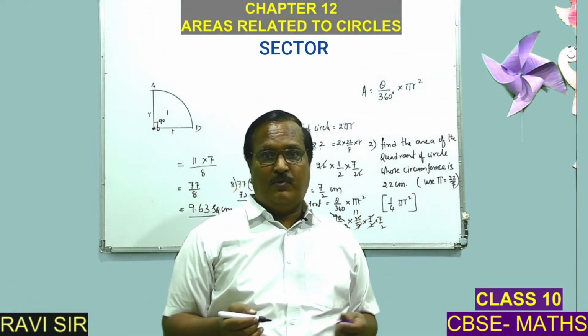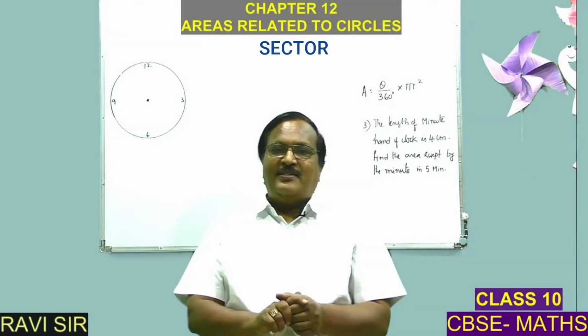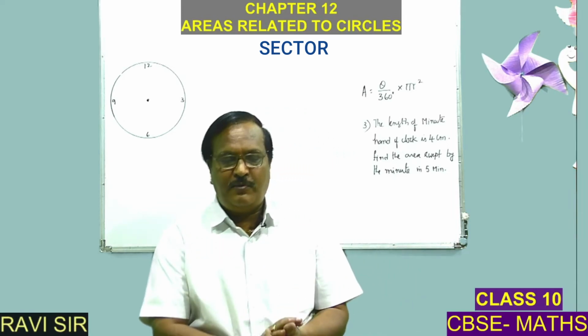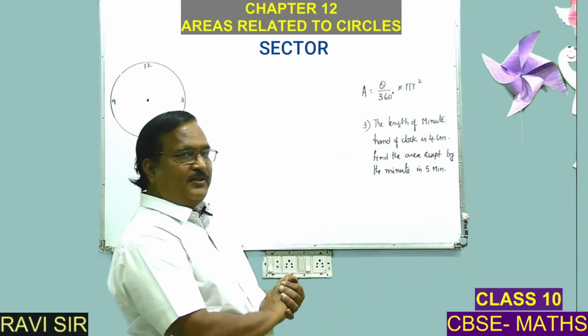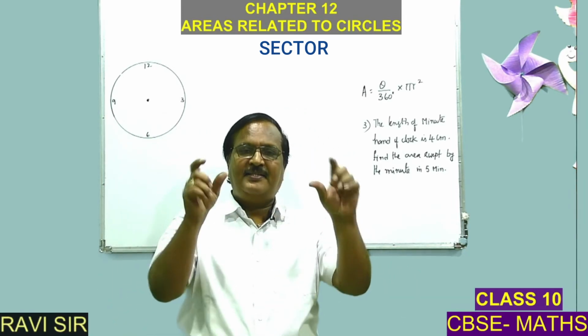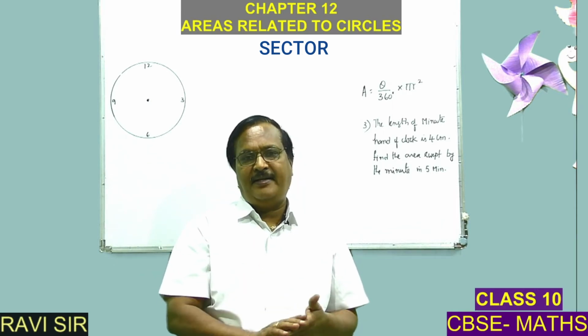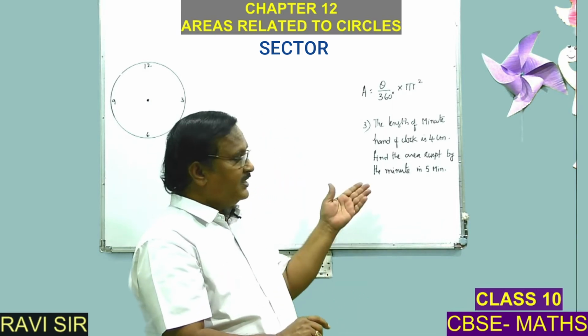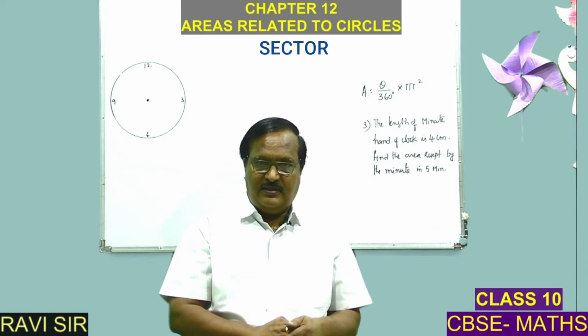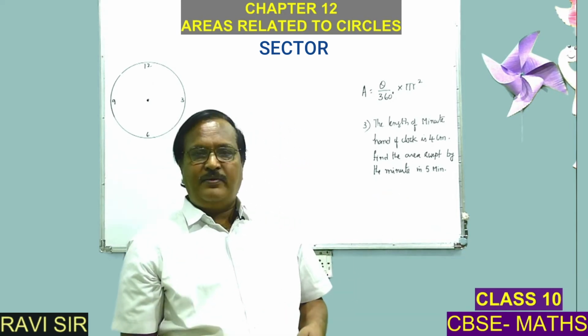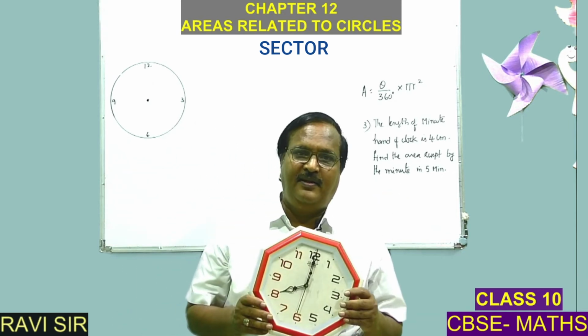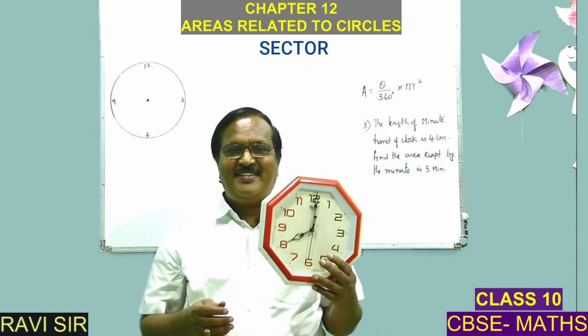This is an indirect problem. Okay, let us go to the next problem. Let us go to one more problem, my dear students. So I told you only in the first case we have a direct problem. Later on you all will be getting indirect problems only. So this is a very, very important question. So definitely you will have a question on the clocks, right? So this clock is not in a circular shape.